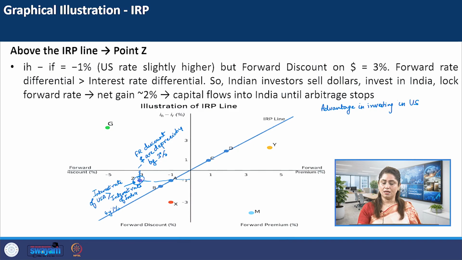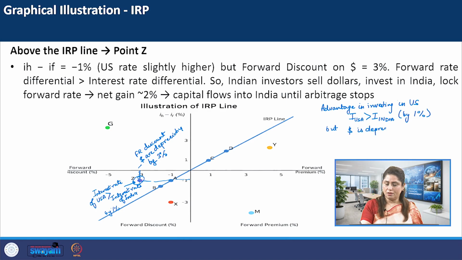Why? Because though the interest rate of USA is greater than interest rate of India by 1%, at the same time the dollar is depreciating more proportionately, and it is depreciating by 3%.